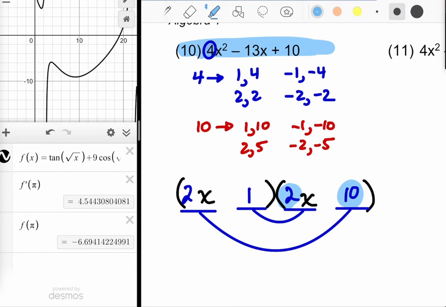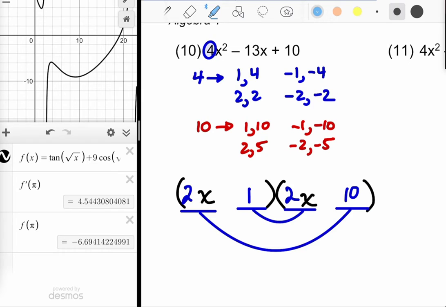So if I create a set of factors in which there is a GCF, then I'm introducing something that shouldn't be there. If the original expression does not have a GCF, then none of the factors will have a GCF either. So I knew going in that 2 and 2 wasn't going to work because no matter how I placed these other values here, it was always going to introduce a GCF.